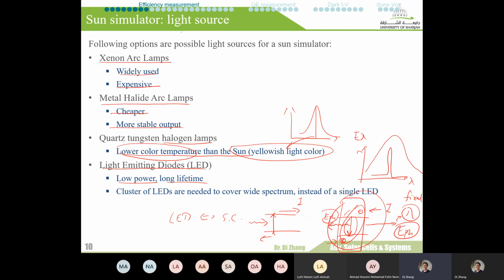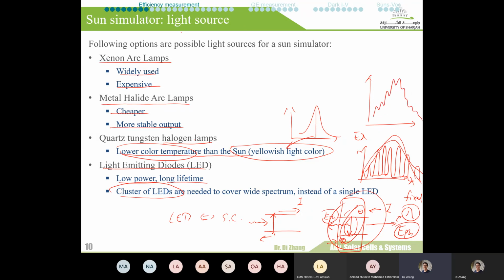So if we really want to use LEDs in a solar simulator, what do we need to do? Instead of one single LED, we have to use a cluster of different LEDs that together can produce a spectrum very similar to the actual solar spectrum. That's basically what is written here: we have to go to clusters of LEDs. But if the number of LEDs is too small, instead of a smoother spectrum, you end up with something like this.